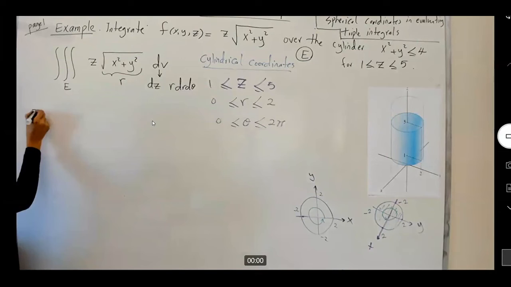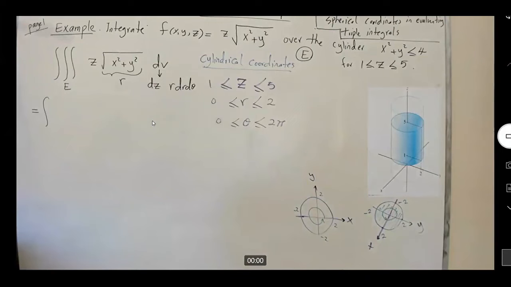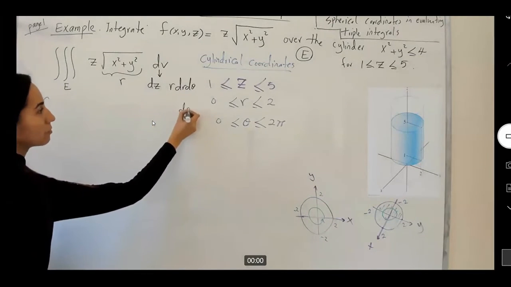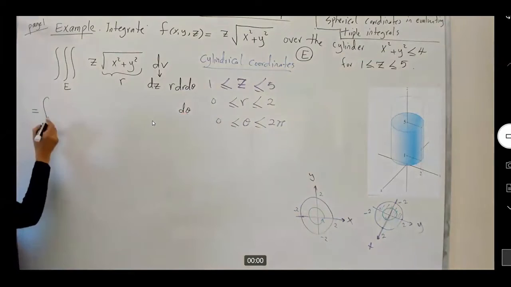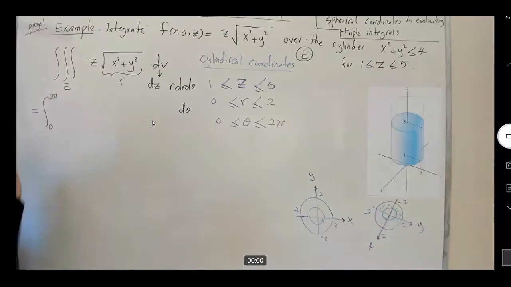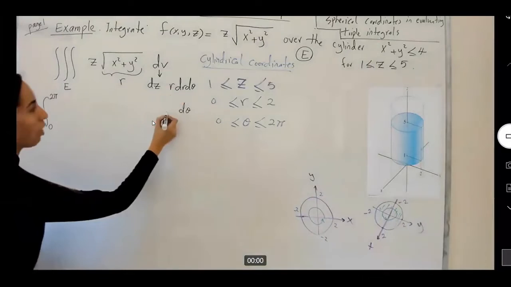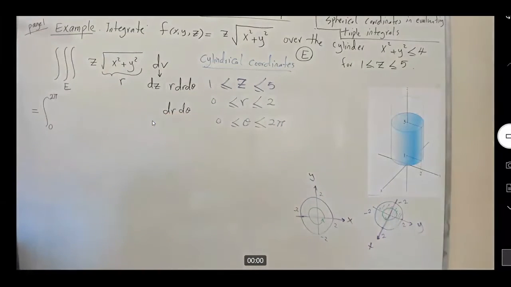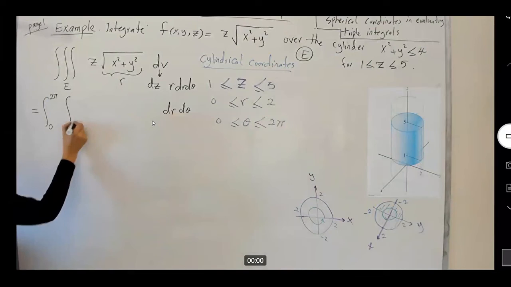So this triple integral can be written as, here we go. My outer integral, d theta, is between 0 and 2 pi, these are boundaries. And for dr, 0 to 2.